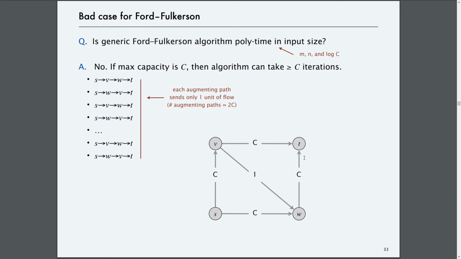Why? I don't know. I've never really thought of it that way. I always thought of polytime as the input size, just n and m, are what matters. I believe it's called pseudo polytime.